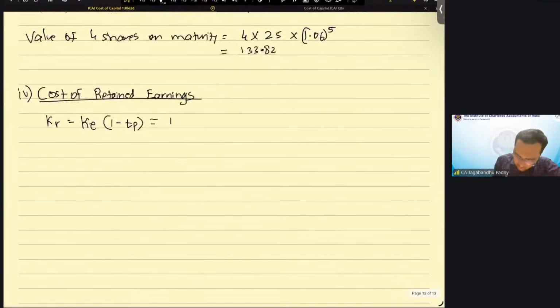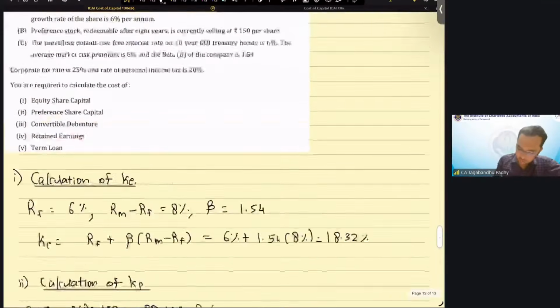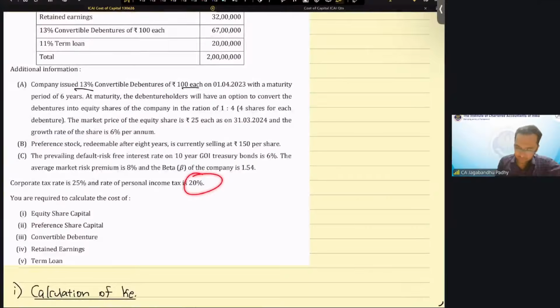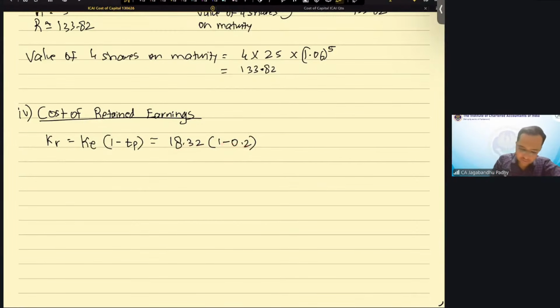As an equity shareholder, you expect 18.32. But if reserves are distributed to you, you would not be able to earn this 18.32 because you need to pay 20% tax on that. So this is going to be 18.32 into 0.8.